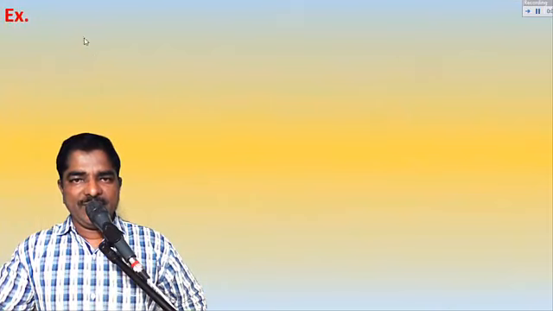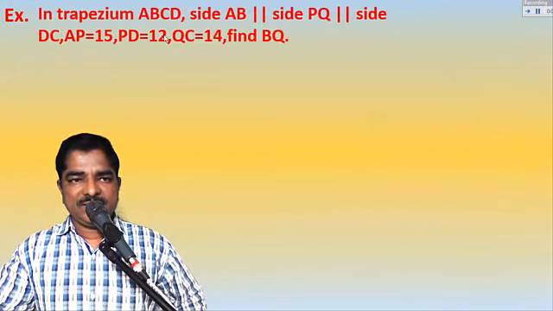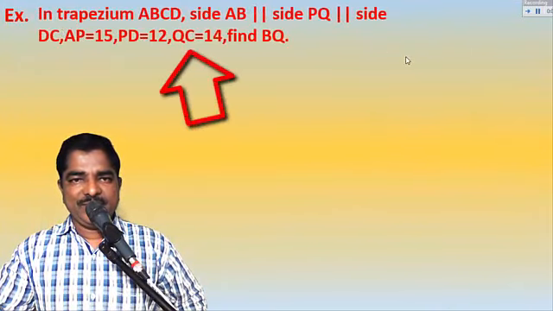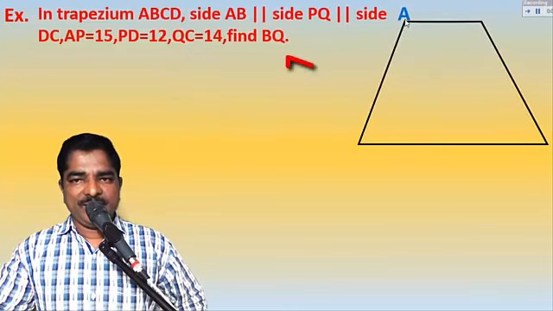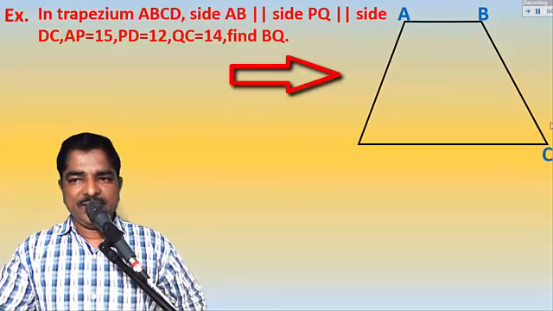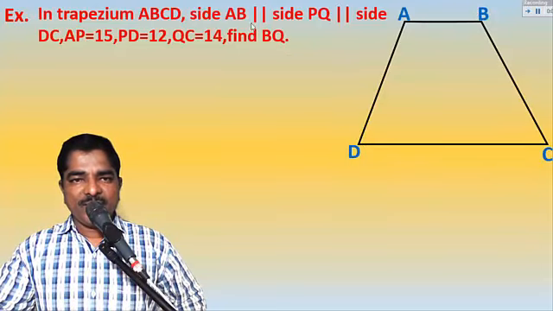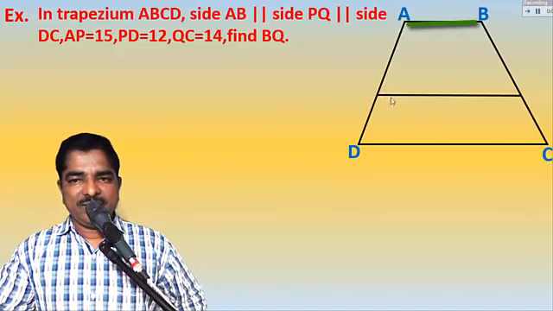Then we see one example. A trapezium ABCD is given. Side AB is parallel, and one segment PQ is parallel to side AB and also to side DC.